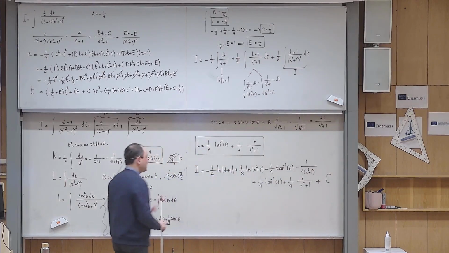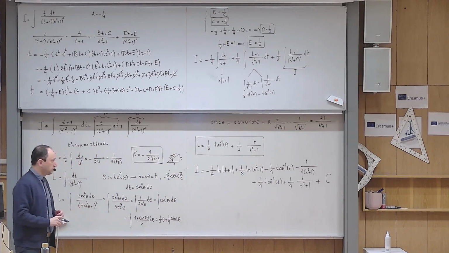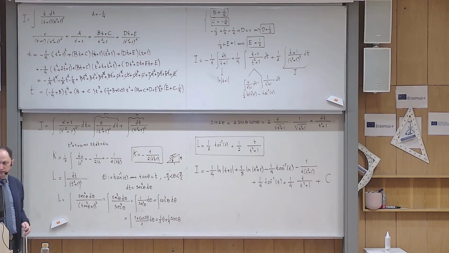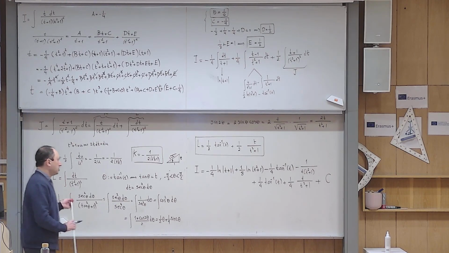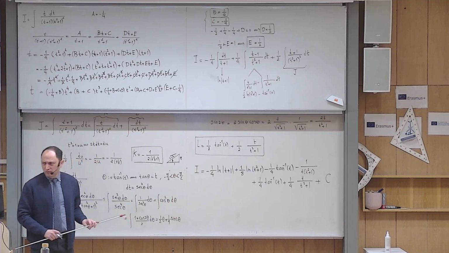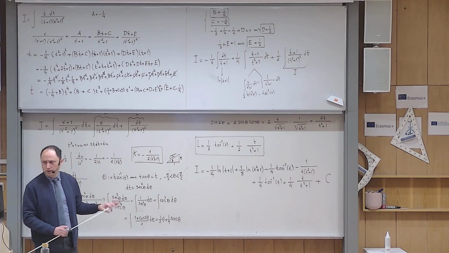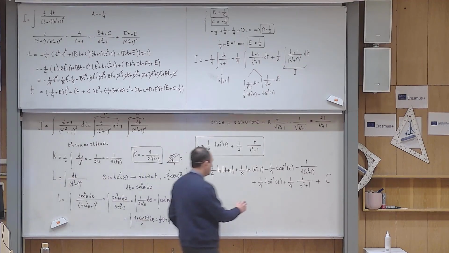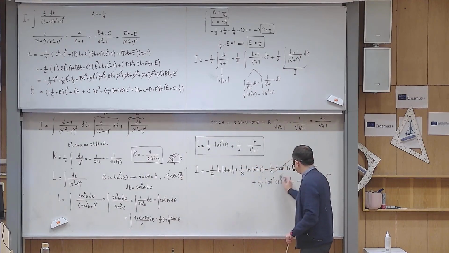Okay, so this is the answer to this integral, but I have to simplify it, if possible, to what we had in the answers. Yes? So let me see what the answer was. Okay, so for example, here you can see that this one, whatever it is, and that one are gone.